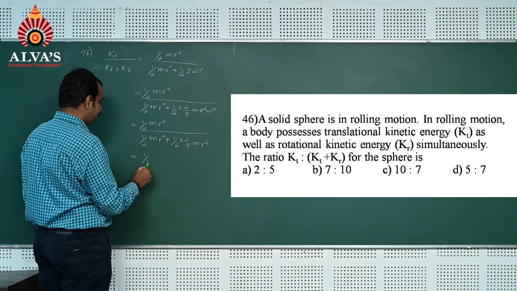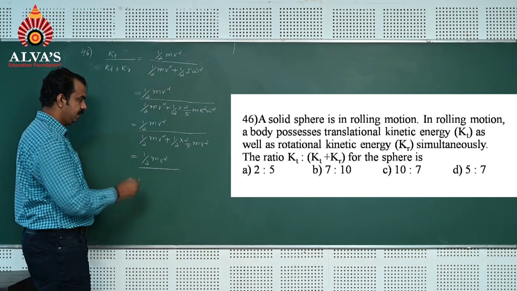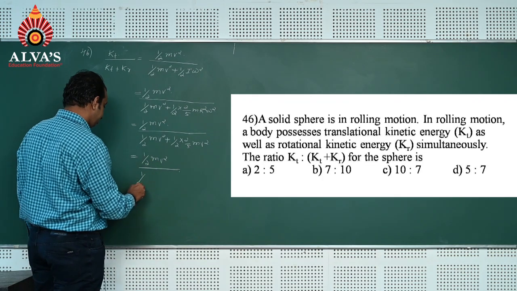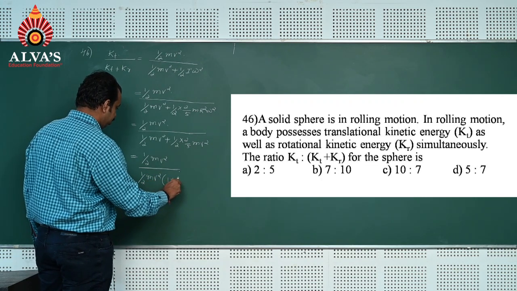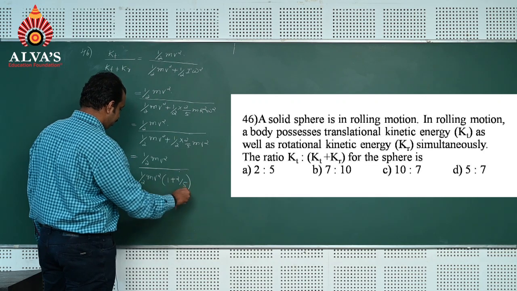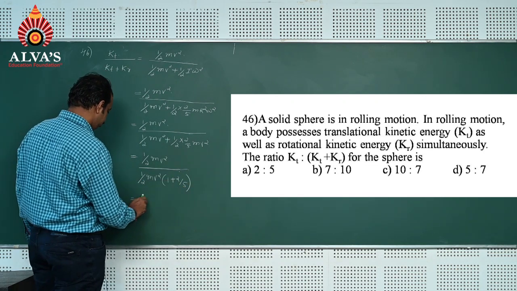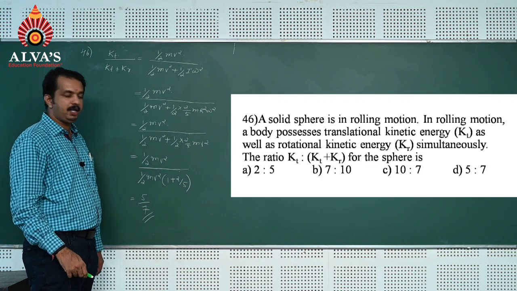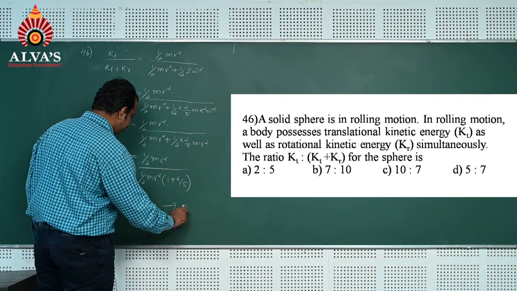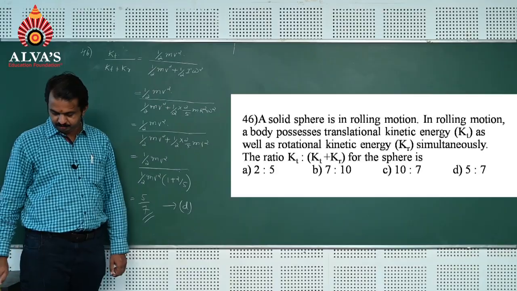Half mv square can be taken outside, giving 1 plus 2 by 5, so half mv square gets cancelled. It is 5 by 7. The answer is 5:7, which means option D is the correct answer here. D is the correct answer.